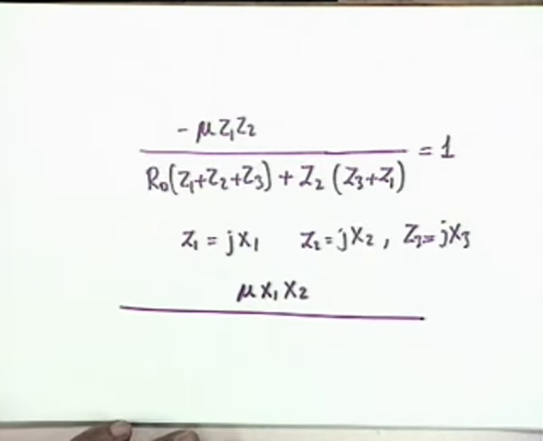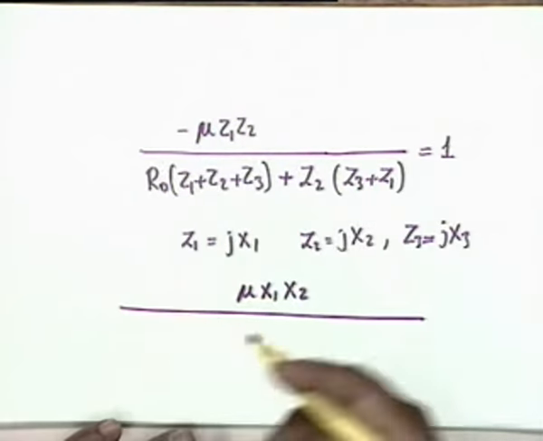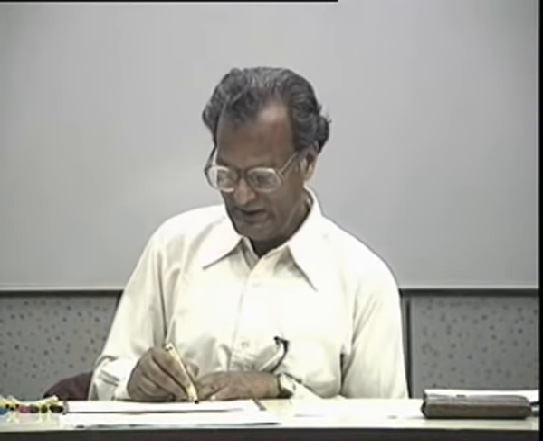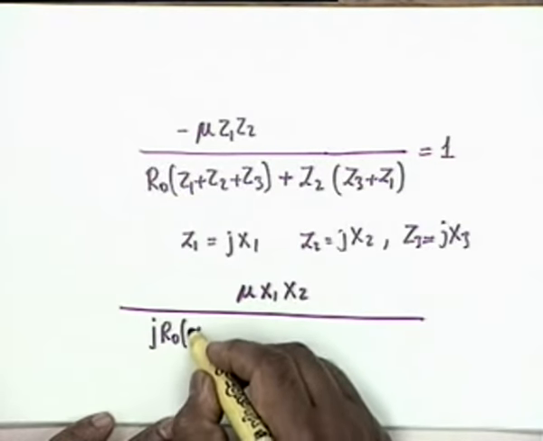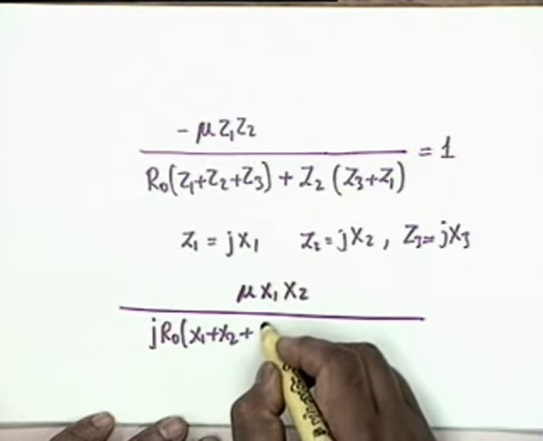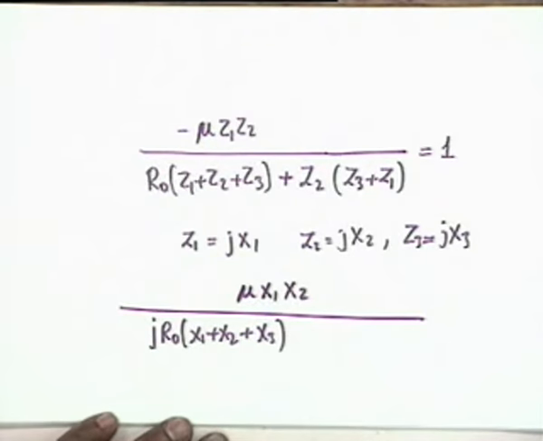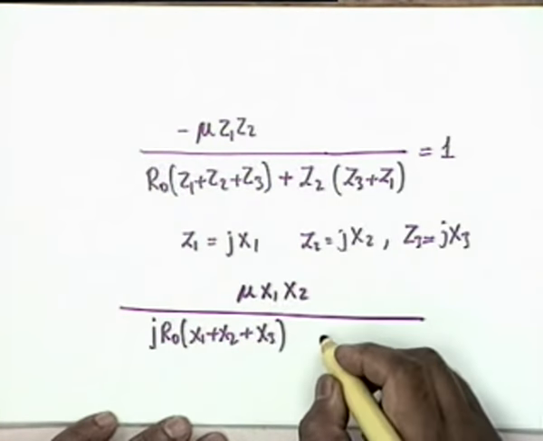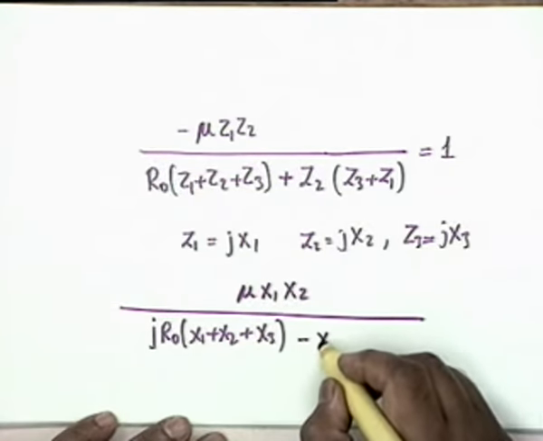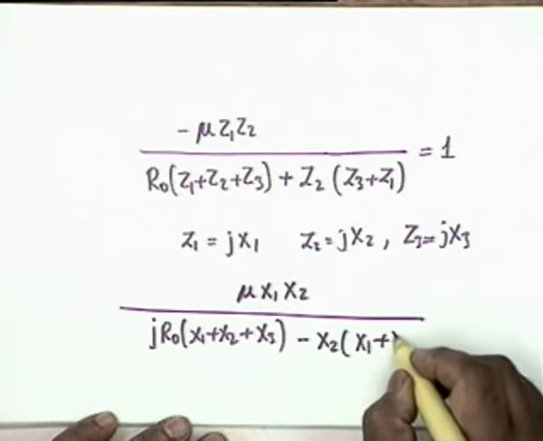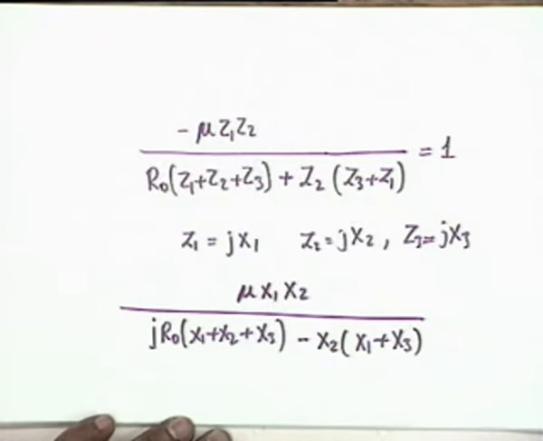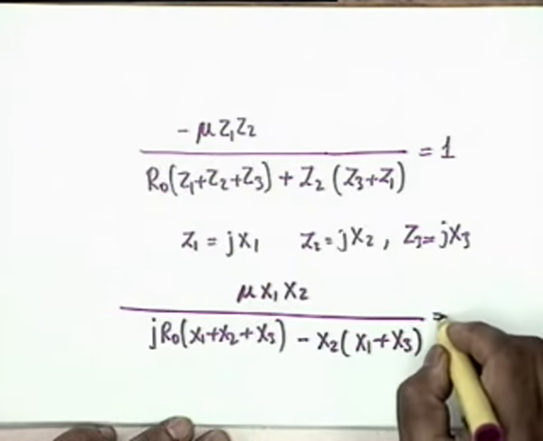Because Z1 is jx1, Z2 is jx2, j multiplied by j is minus 1, divided by j R0 (x1 plus x2 plus x3). What do I get here? Minus x2 (x1 plus x3). Alright, this has to be equal to 1.